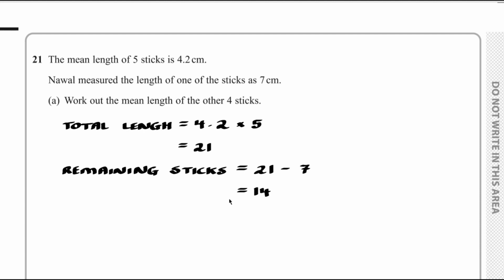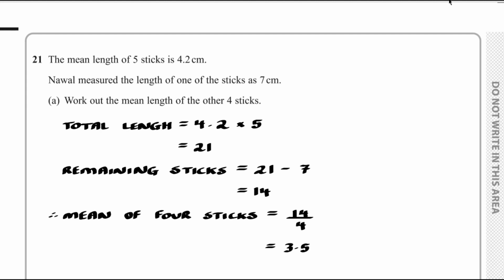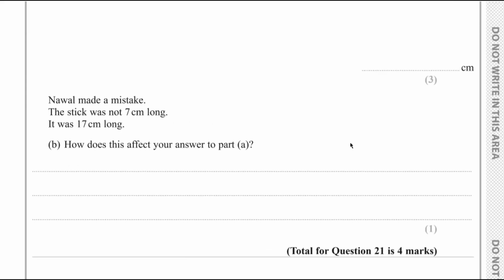We have to find the mean length of these other 4 sticks. To do that, we need to divide the 14 by the 4, giving us 3.5. So the mean is 3.5 centimeters. Nawal made a mistake.